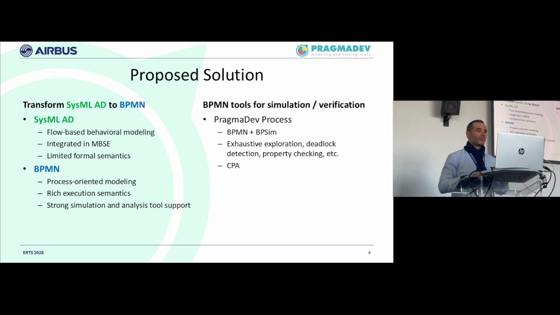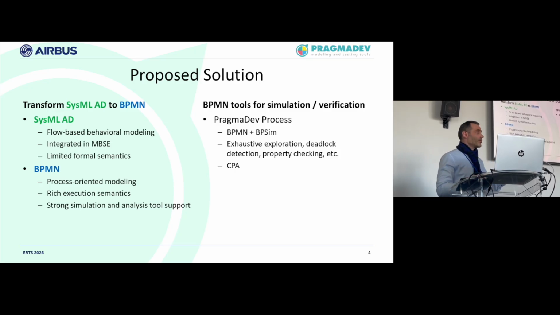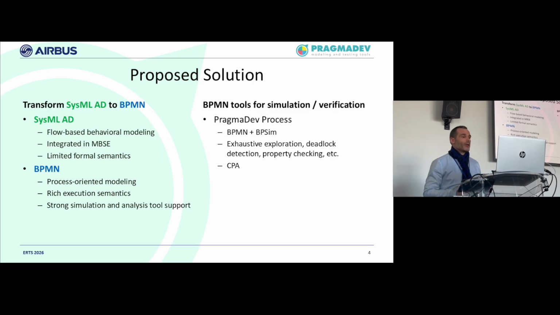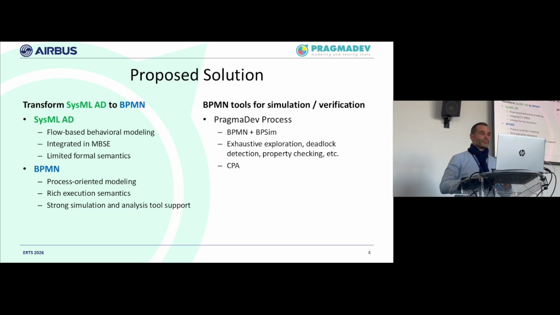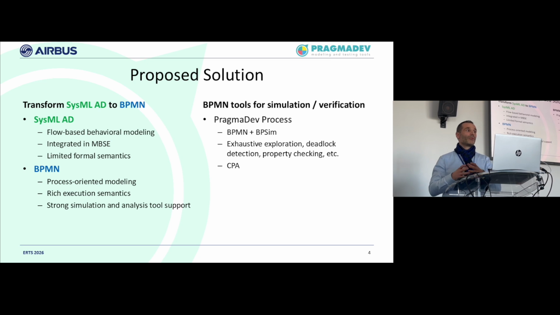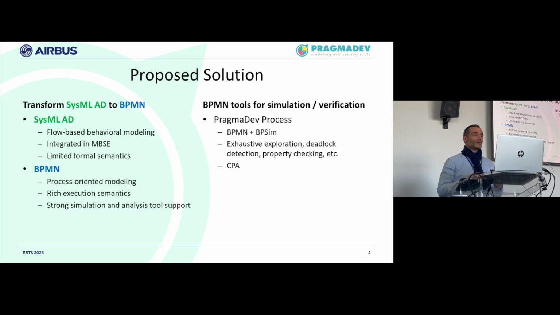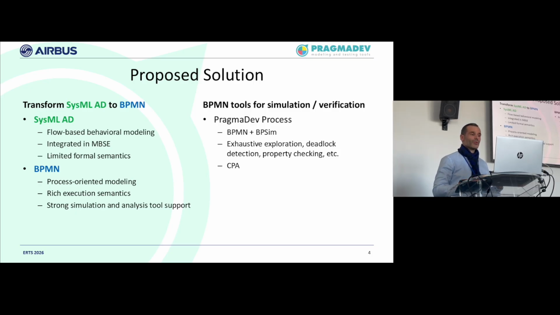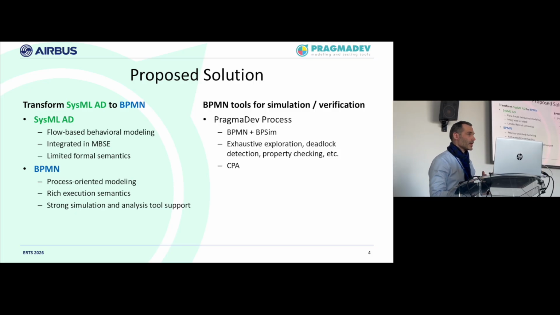So basically BPMN plus the BPSim notation have the possibility to come up with a model that has the functional aspect but also non-functional aspects like time, cost and resource allocations, so that then we can do a simulation of it and obtain the critical path, which was very important in this case.